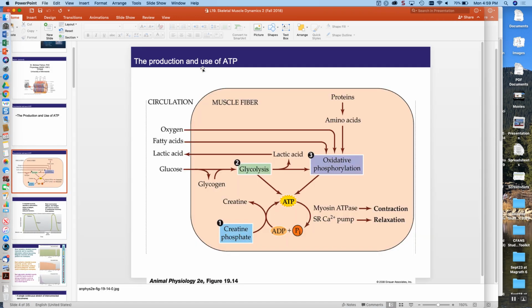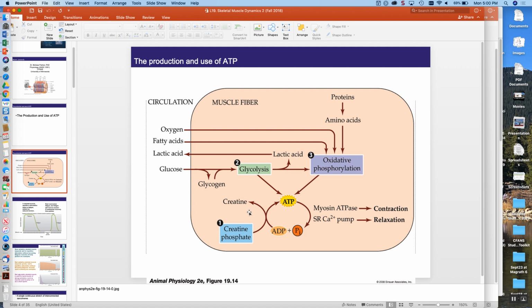We talked first about the different pathways to generate ATP. ATP generation is very important with muscle contraction. Remember, ATP binds to the myosin head. It's important with cross-bridge cycling. So we have to know how ATP is generated.